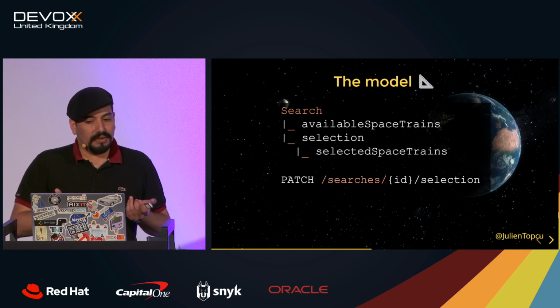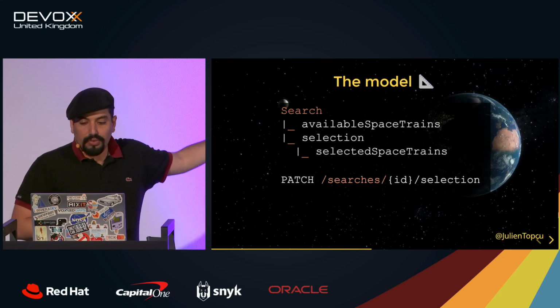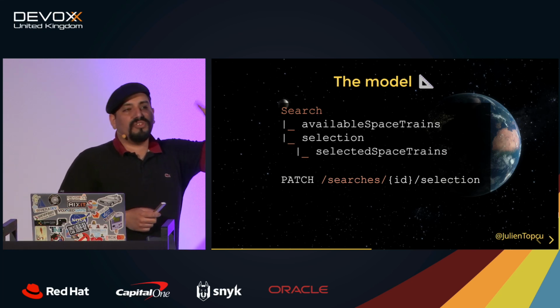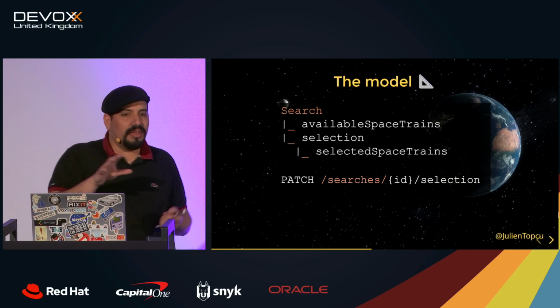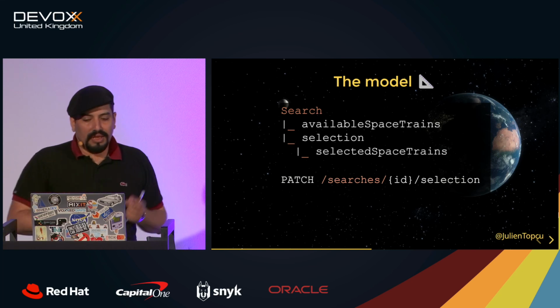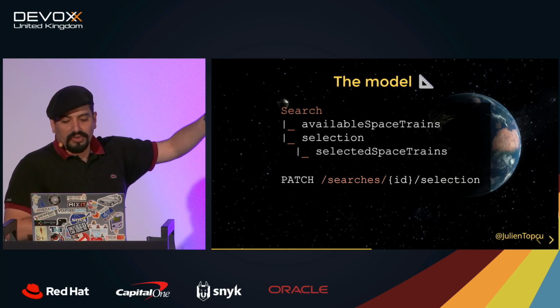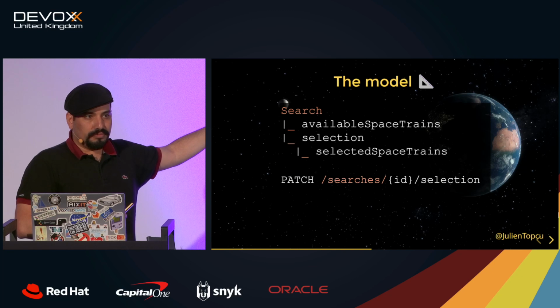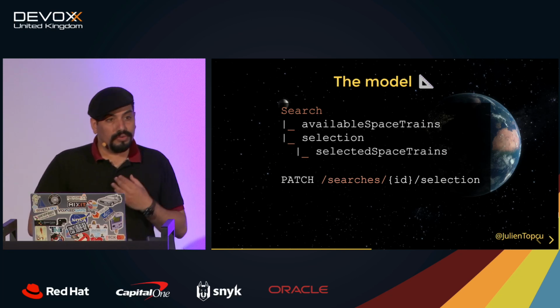And that's a mistake. So usually what people are doing, if you want to select a train with a fare, you have to update. Patch is like put if you don't know it. This is to update. Not exactly the same thing, but it's not really important for the talk. So I have to update the sub-resource selection in the search. And it may have a big impact on your consumer.